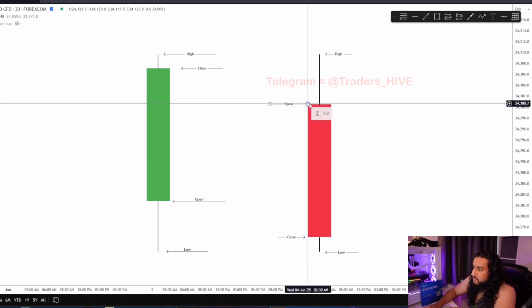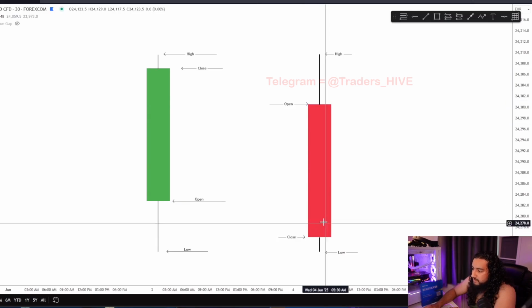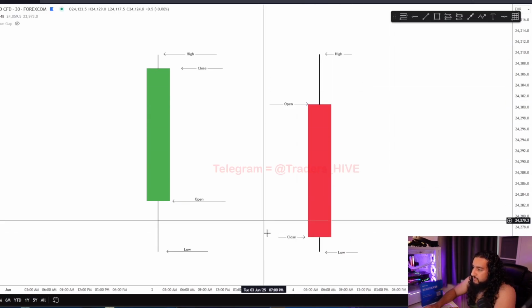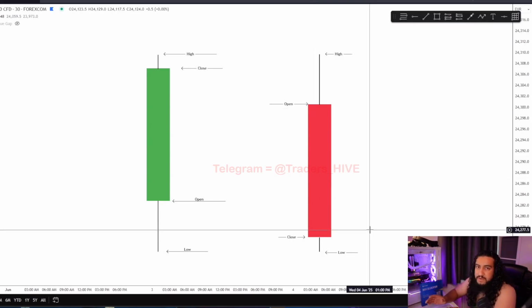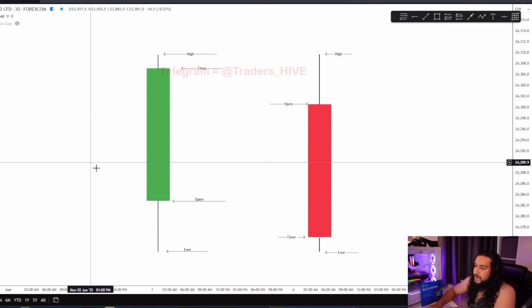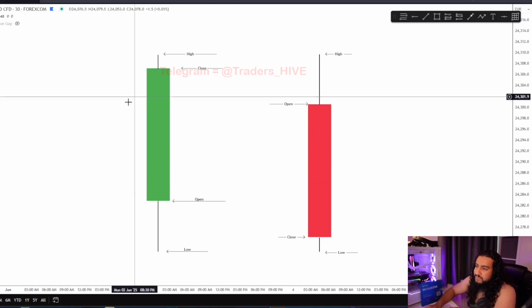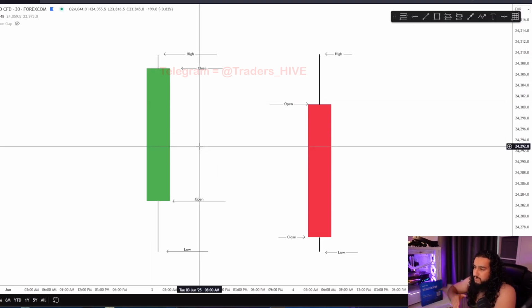So between the 9 o'clock open over here and the 10 o'clock close over here, this is what price looks like within that 1 hour. So now it's telling me that in that 1 hour candle, we were bearish. Price was moving down within that hour. And over here, price was moving up within that 1 hour time frame.